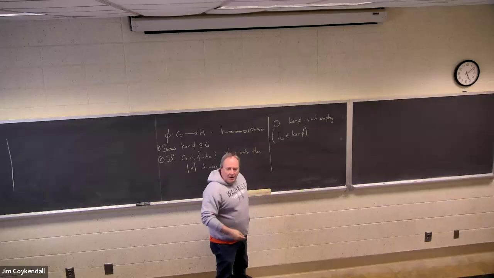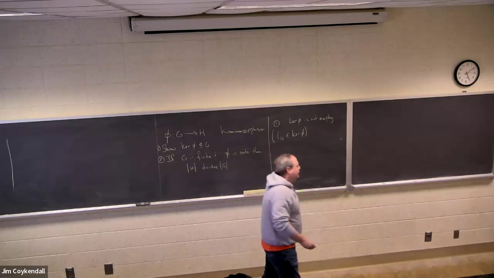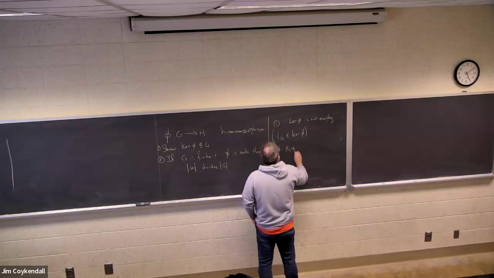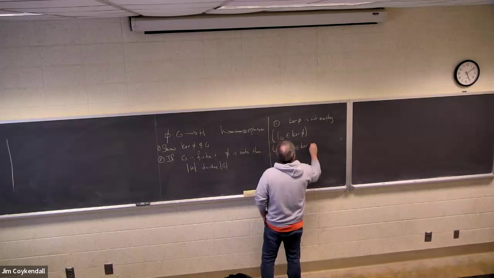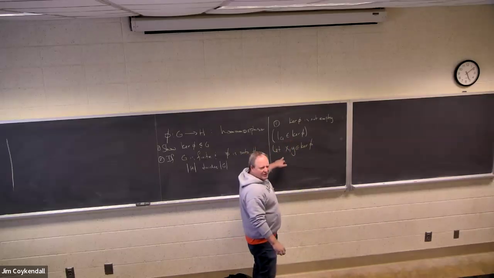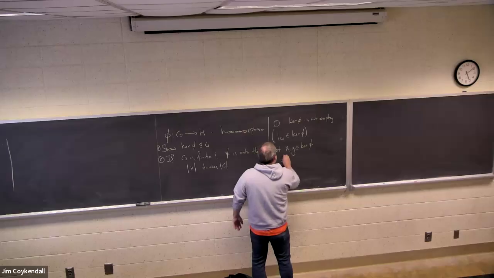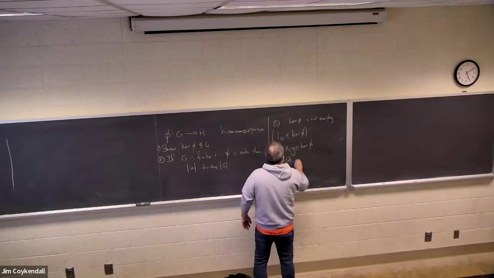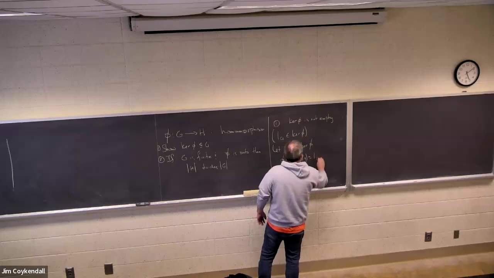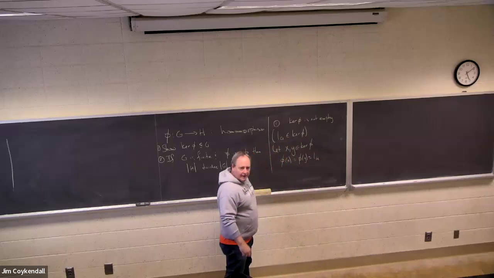Since it's not empty, all I have to do now is use the subgroup criteria. Let x and y be in the kernel. So what does this mean? This means phi of x and phi of y are both the identity of H, right?